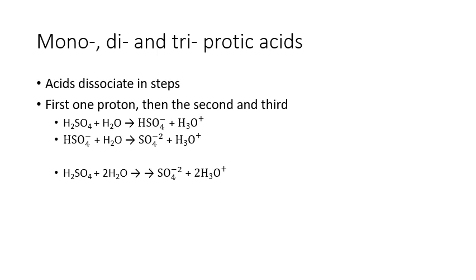So if you had something like the diprotic acid H2SO4, the first step is that one of the H's comes off of the H2SO4, and you're left with HSO4. So that's the first proton coming off. And then that HSO4, that second H can come off as well, leaving you just the SO4. So if we're looking at acids and conjugate bases, the acid is H2SO4, and then the conjugate base is HSO4.